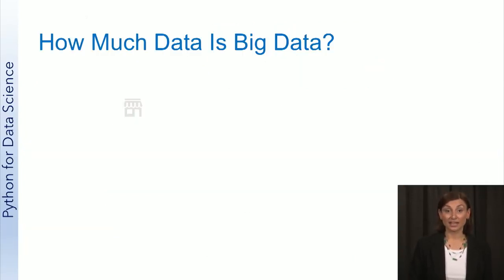We started by saying that we are collecting more data than ever before. But how much data and in what form are we really talking about? Let's take a look.